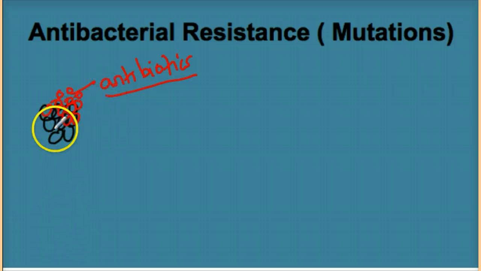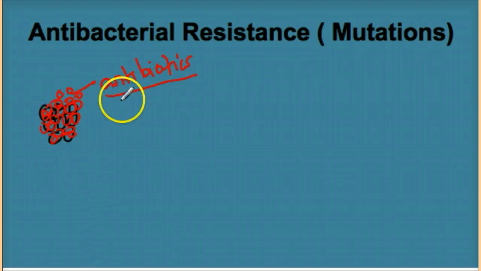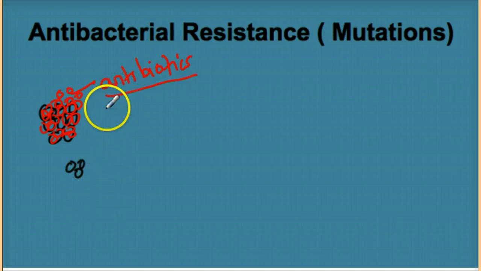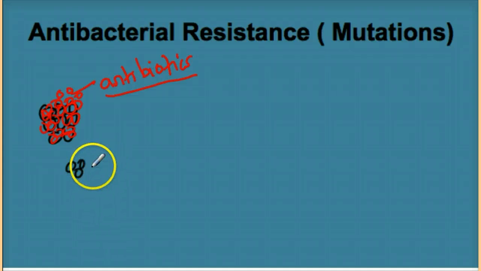The antibiotics will kill, sometimes it kills all of the bacteria. However, sometimes there are a few bacteria that can survive. The reason why these bacteria can survive is that they have a mutation.